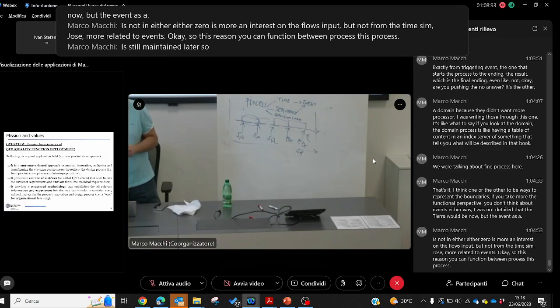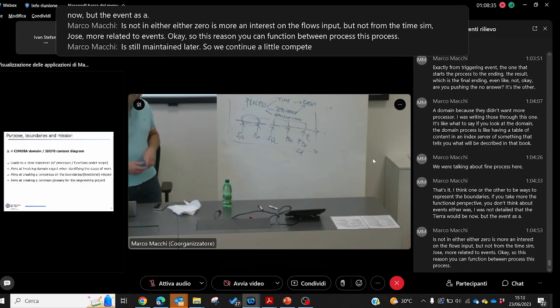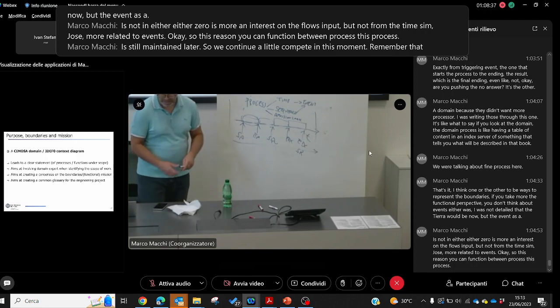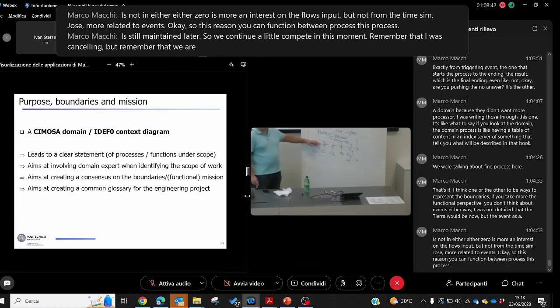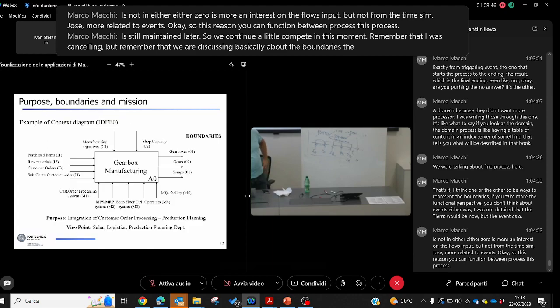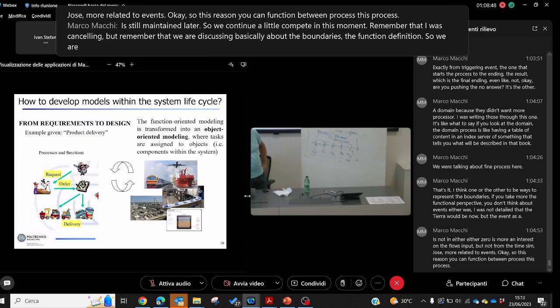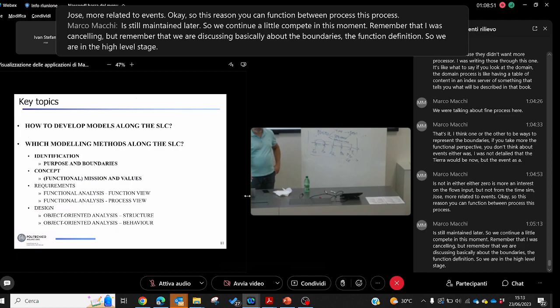So we continue a little bit. In this moment, remember that we are discussing basically the boundaries, the functional definition. So we are at the high-level stage here, the identification concept.